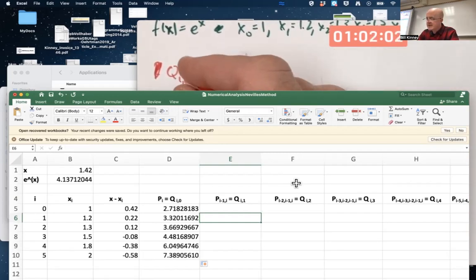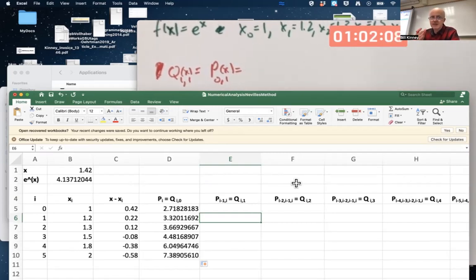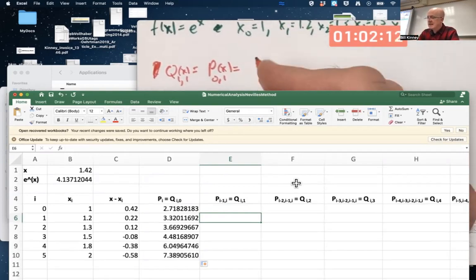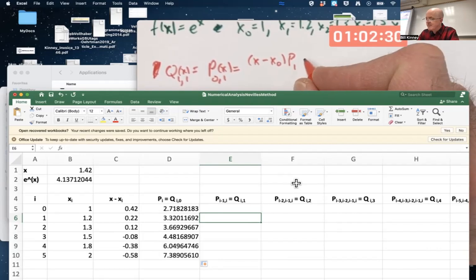These are functions of x. I probably should put the x's in there. Though, in reality, for the spreadsheet, I'm thinking about x as being the specific number 1.42. The formula in the book looks like this. You take x minus the 0th node times the number that you could label P1 minus, and here's where the book has some typos.